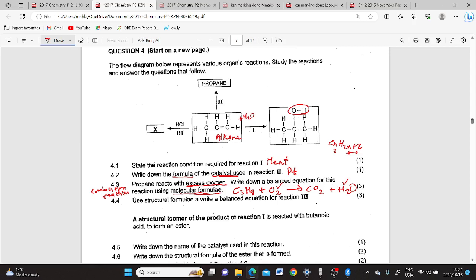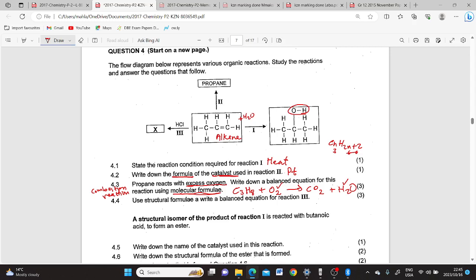Right, now we need to balance. When we're trying to balance this, normally we take the oxygen last.